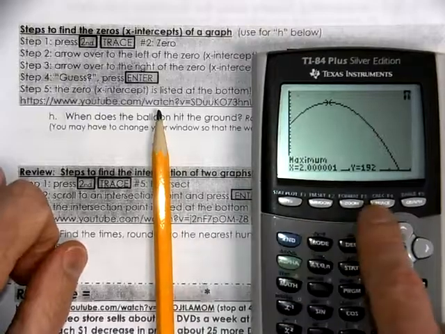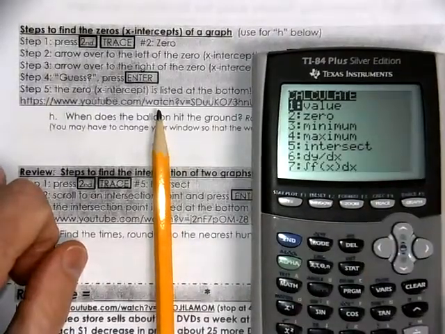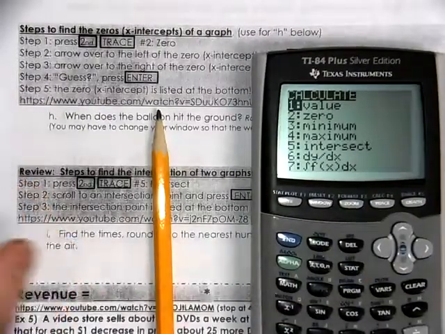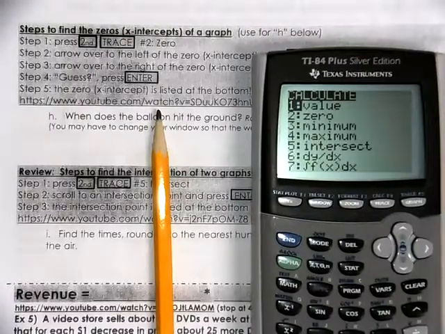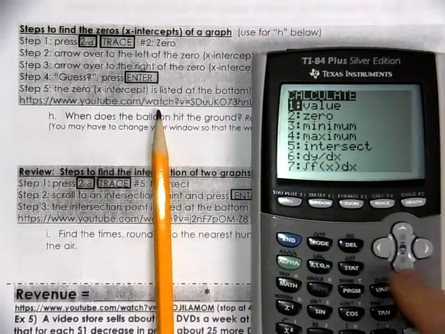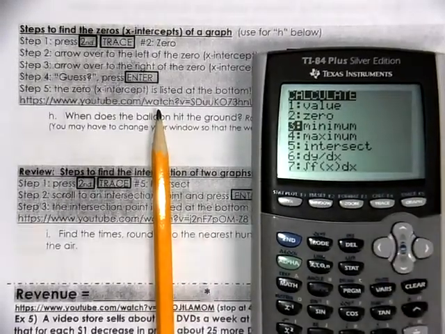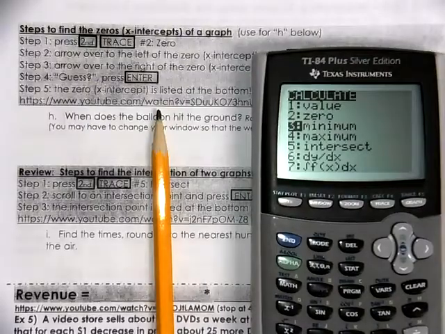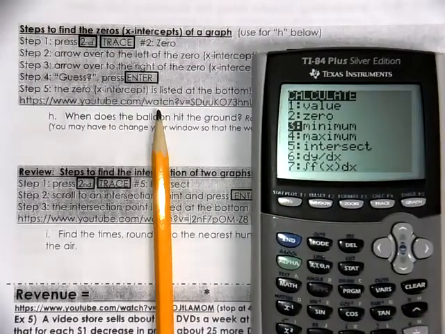So we'll go to second calc. Which term in here do you feel would represent hitting the ground? Minimum. Minimum would be a low point, right? But this is a calculator. It doesn't know about the storyline of a balloon and hitting the ground and friction and explosions and things like that.